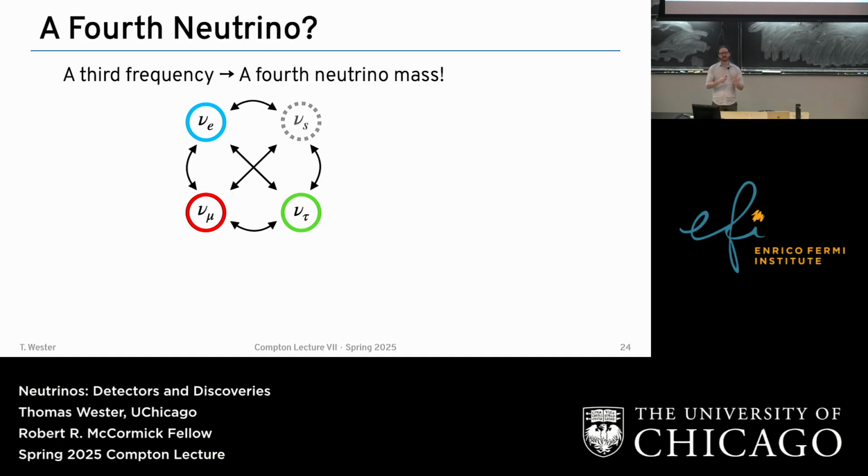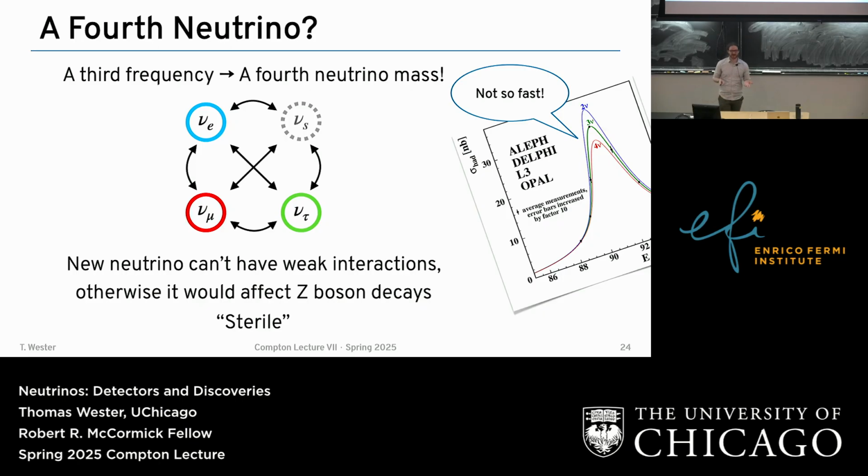So you have three masses that correspond to two frequencies. We're now adding another frequency, so you have to add a fourth neutrino to make this all work. The thing is that we can't forget what we observed at the Large Electron-Positron Collider. Remember this result that I showed earlier, where we're very confident that there are really only three neutrinos. If you want to evade that and still add another oscillation frequency, you have to make sure that this extra neutrino doesn't have weak interactions.